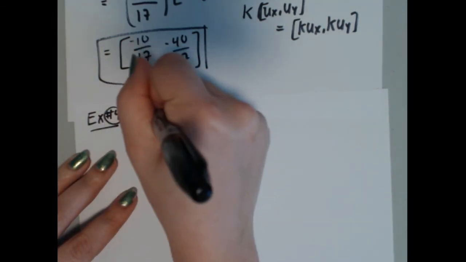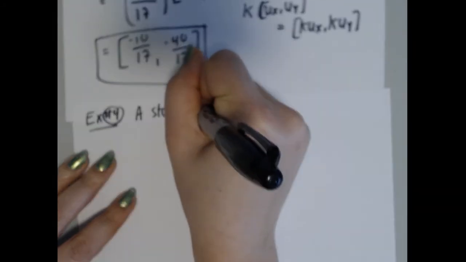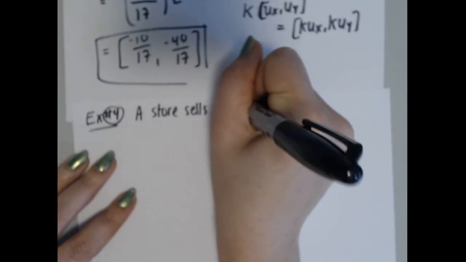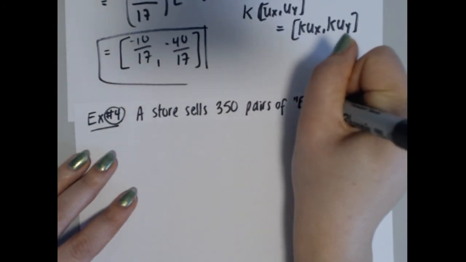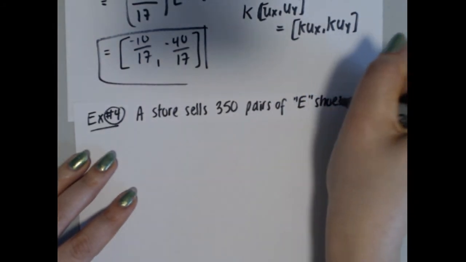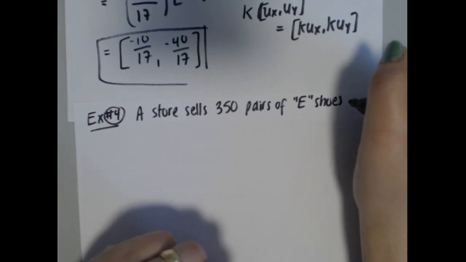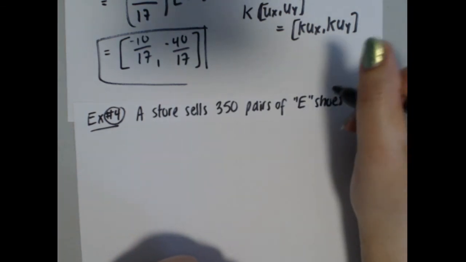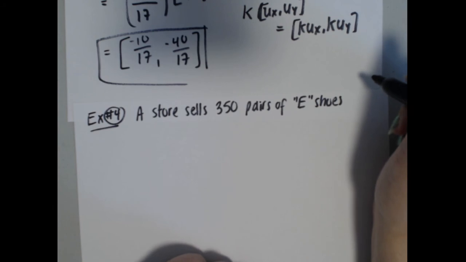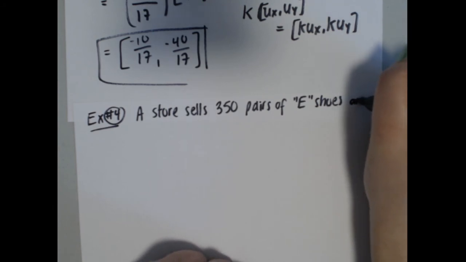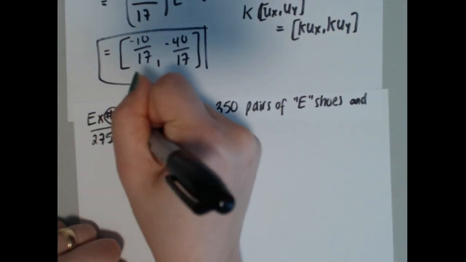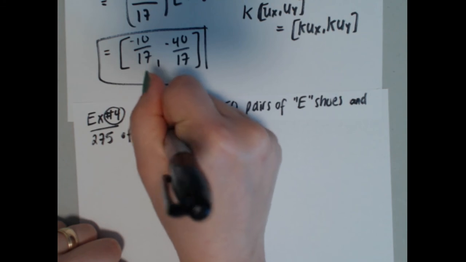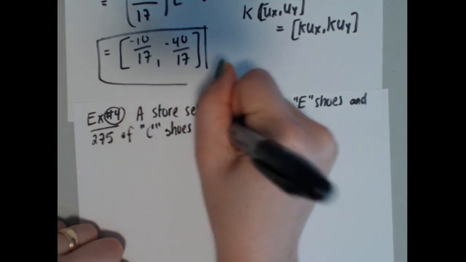Okay, so a store sells 350 pairs of e-shoes. Okay, so maybe there's some fancy name for this kind of shoe. Whatever it is that starts with the letter E. That's really what you need to know. The store sells 350 pairs of e-shoes and 275 of C-shoes in 1 year.